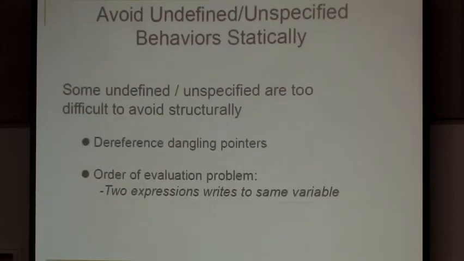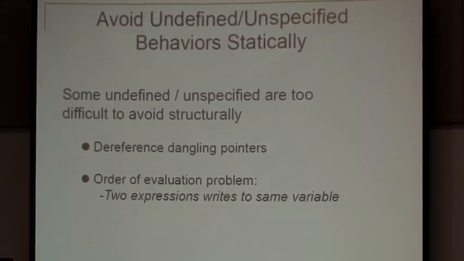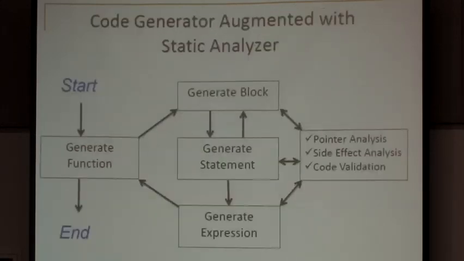It turns out some undefined behaviors are very, very hard to avoid structurally, so we have to have something in the code generator to avoid them statically, such as dereferencing a dangling pointer or the order of evaluation problem. So in the end, we have something like this.